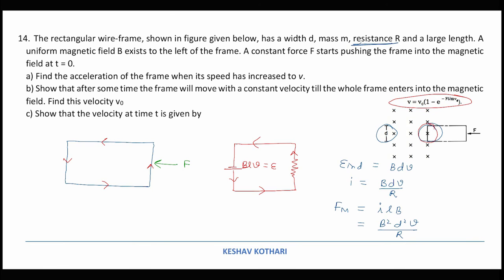For this wire the direction of current is this, the magnetic field is directed into the plane of paper and the magnetic force is observed in this direction.